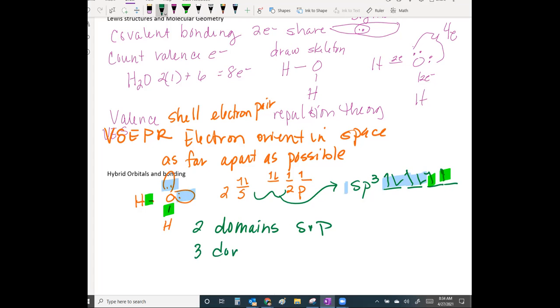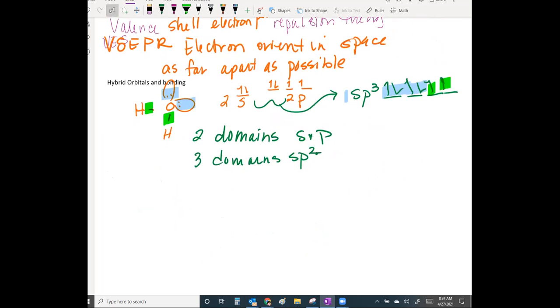Three domains, you have sp2. So two domains is just going to be like that. Three domains is going to be like this. If you have four domains, four bonds or a combination of bonds and lone pairs, that's sp3. And for that one, we have to draw a little bit differently because it's three-dimensional.